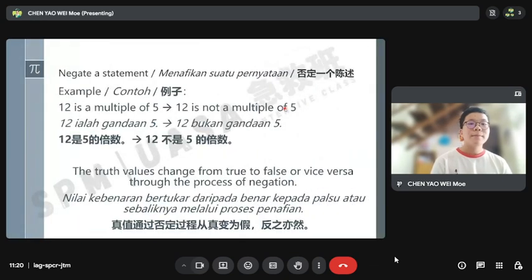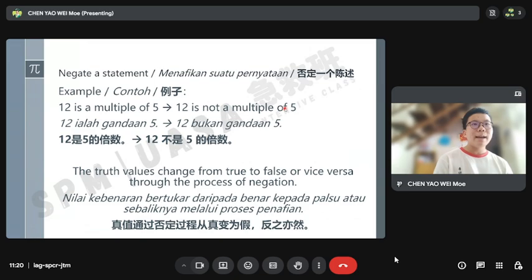This is a false statement. But if I negate it, 12 is not a multiple of 5, then this is a true statement. The true value changes from true to false or vice versa through the process of negation.